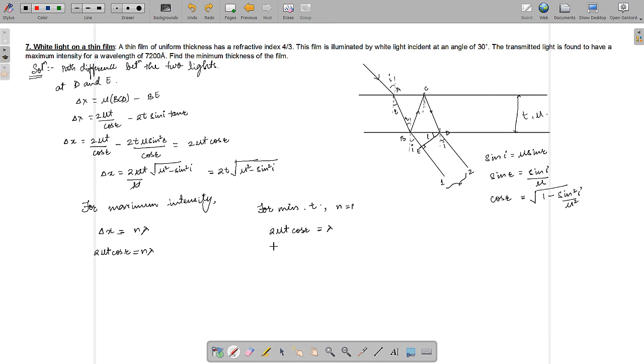And using the values which are given, we can see t equal to lambda by 2 mu cos r. On calculation, t comes out to be 291.25 nanometers. Thank you.